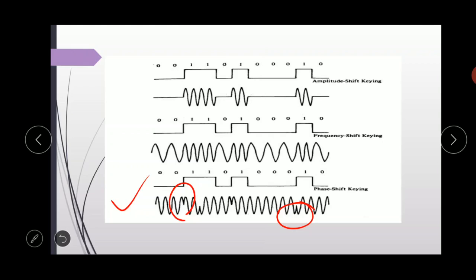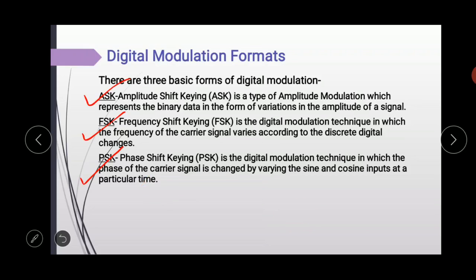The choice is made in favor of a scheme which possesses as many of the design characteristics. Which type of design characteristics? That are maximum data rate, minimum probability of symbol error, minimum transmitted power, maximum channel bandwidth, maximum resistance to interfering signals, minimum circuit complexity. So this is all about digital modulation formats.